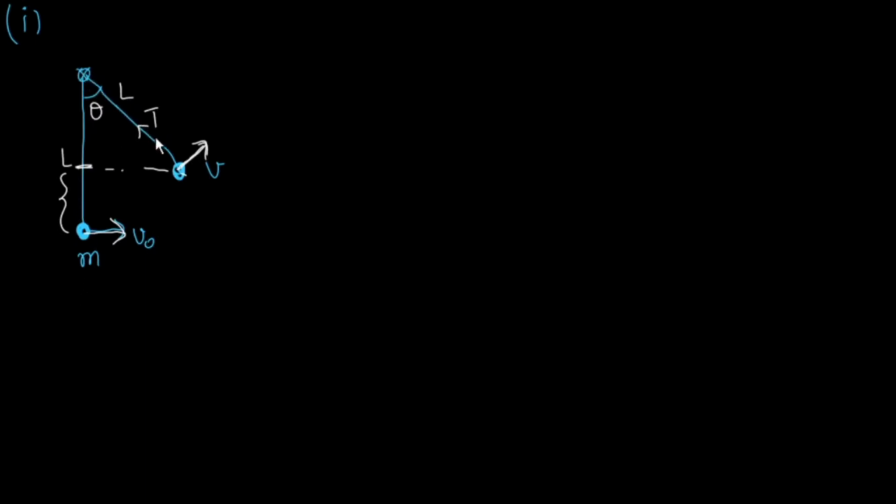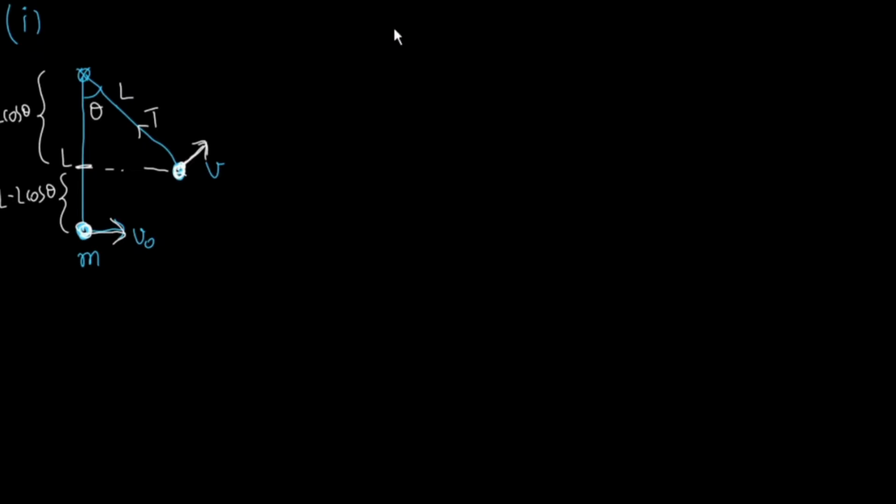If this is L, then this length will be L cos theta. Then this length will be the whole L minus L cos theta. So that means from this point to this point, the change in height is L minus L cos theta.